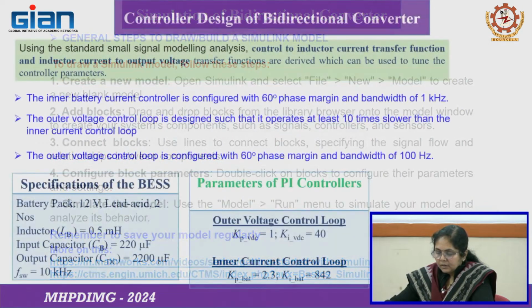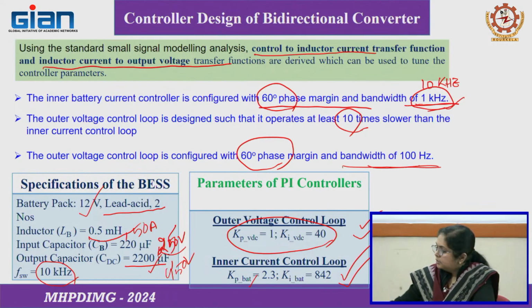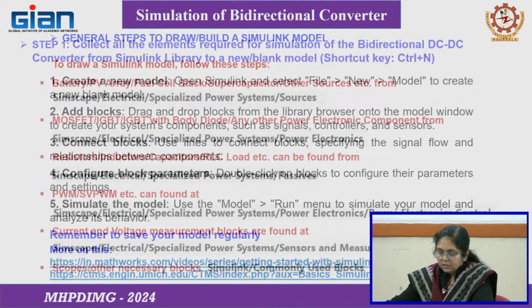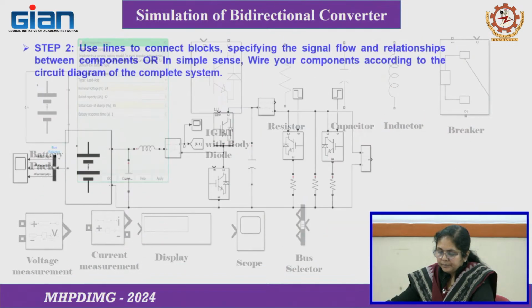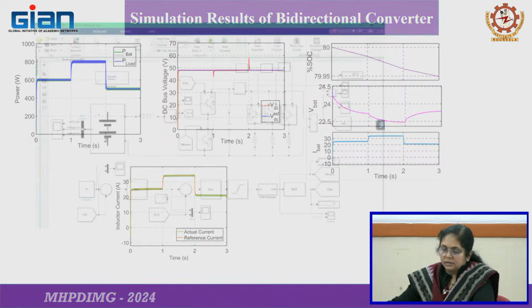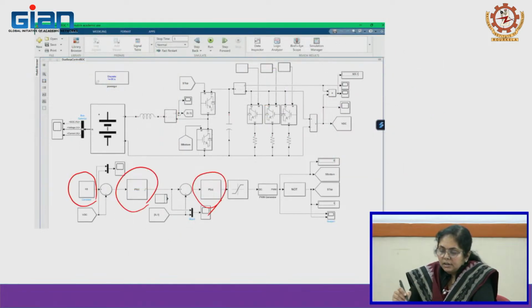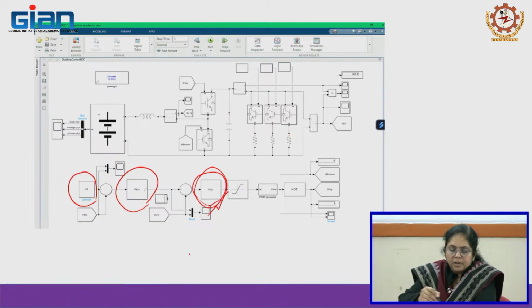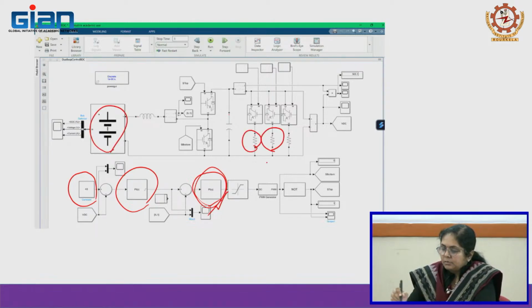Here I have shown the parameters that will be used for this simulation. After changing these PI values, you can run this. First you will set the battery voltage and fix the load, and then you repeat the whole system with the load change condition also.